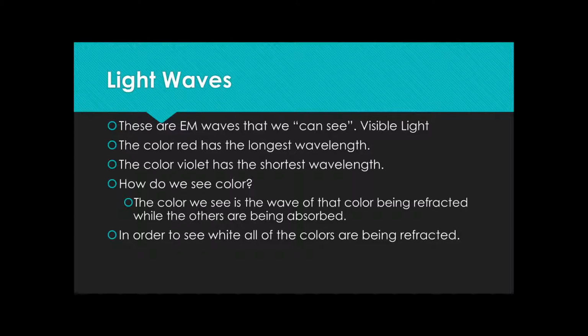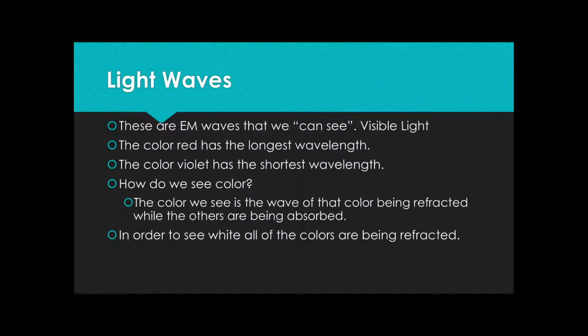So how do we even see color? Well, you guys already may know the answer to this, which is amazing. But in order to see color, we're seeing the wave of that color being refracted. The color we see is the wavelength that's being bounced off of whatever object you're looking at, and the rest of the colors are being absorbed.